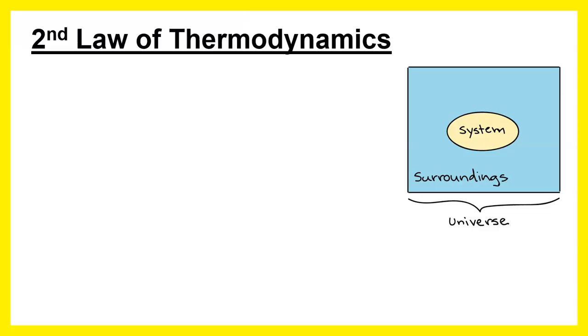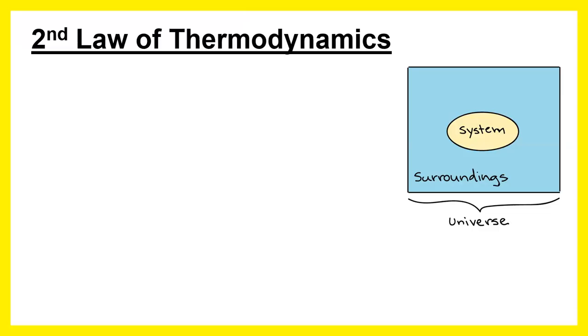But in reality, the surroundings is the entire rest of the universe, okay? So sometimes it can be helpful to think about the universe as a whole to help us understand how the change to entropy of the system connects to the surroundings, okay?